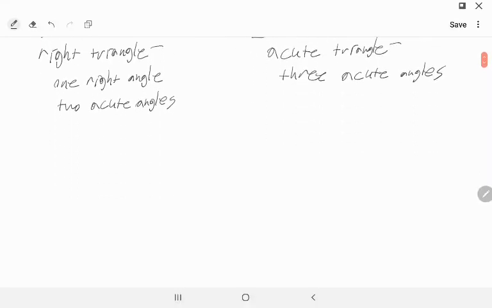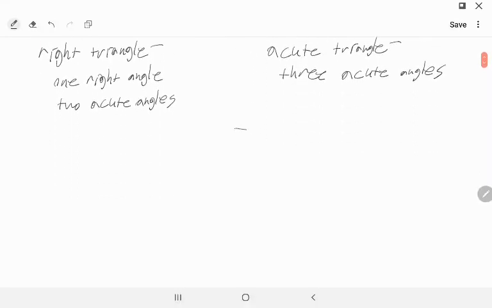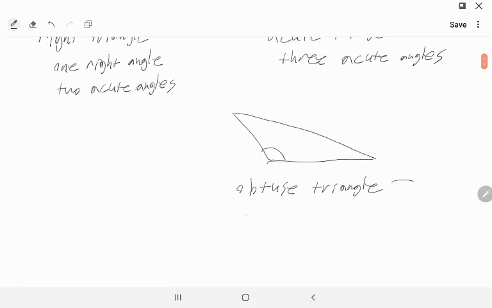And an obtuse triangle has one obtuse angle and two acute angles.